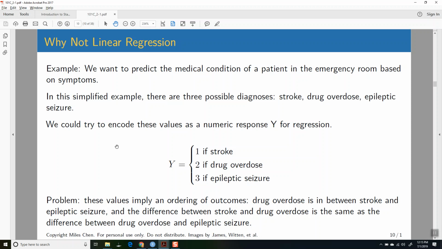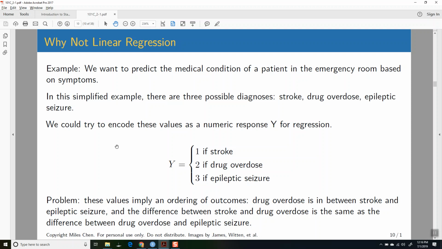If we said, let's just use linear regression with Y being a numeric response, we could let 1 be stroke, 2 be a drug overdose, and 3 be epileptic seizure. But the problem with this is that as soon as you use numbers, there's an automatic ordering of these values, okay? We're saying that a drug overdose is something in between a stroke and an epileptic seizure, okay?